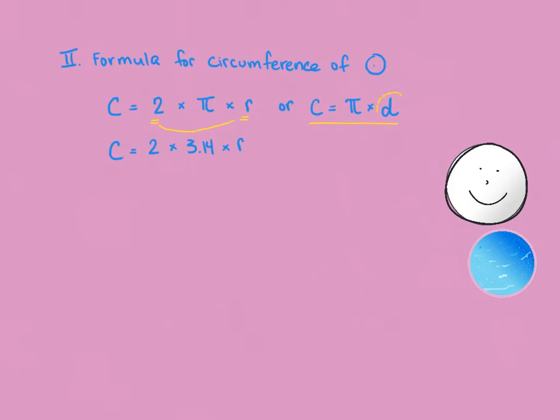Well, it becomes a diameter, because the radius is half of a diameter, so if you multiply it times 2, it becomes the diameter again. And then the pi here is the same as the pi here. So in essence, both these formulas are actually equal to each other.